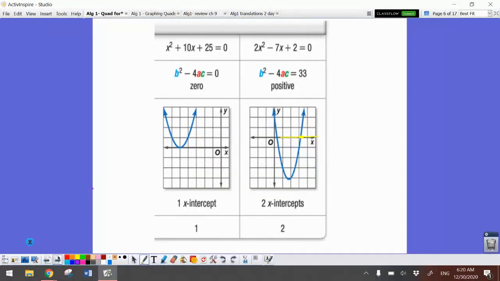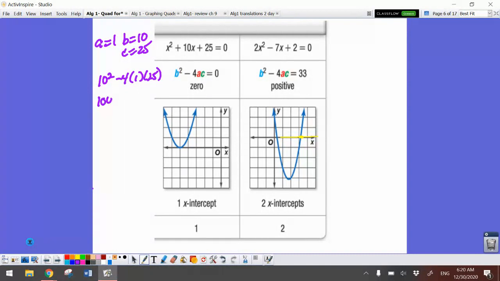Now there are two other options. There's one where it's 0 and there's one where it's positive. So let's take a look at the 0 one. On this one, a is 1, b is 10, c is 25. So 10 squared minus 4 times 1 times 25.